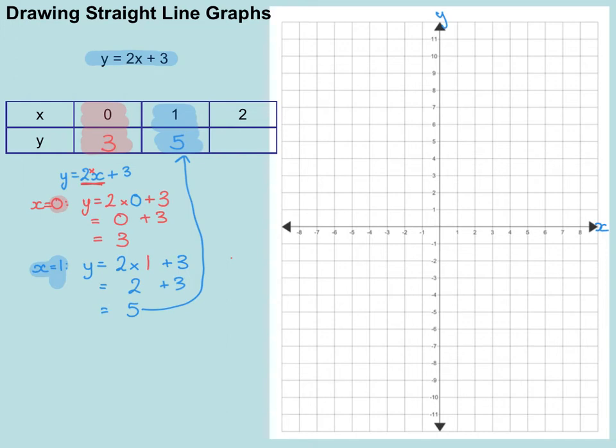So we take that 5 and we pop it back up into that table up there. Okay, and one more. Still got this 2 to work with. So let's substitute the x equals 2 into our equation. Y equals 2 times the x plus 3.